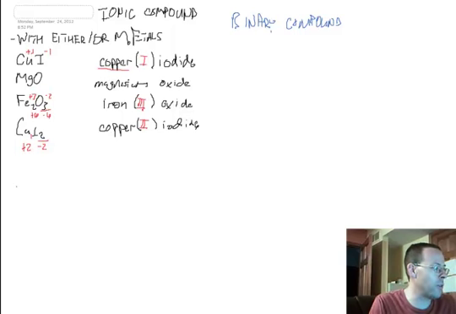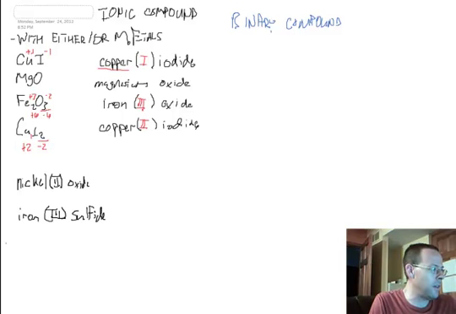Next, we're going to go names to formulas. So I might have nickel 2 oxide. And let's do, what's another one? We can do iron 3 sulfide.